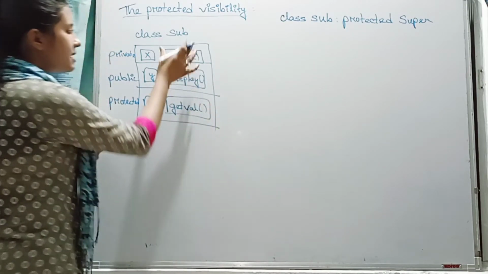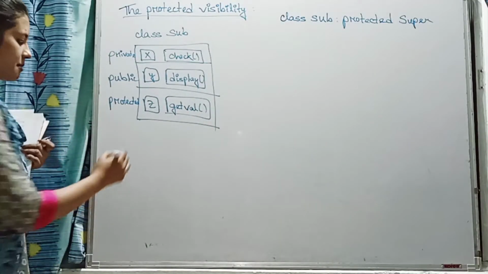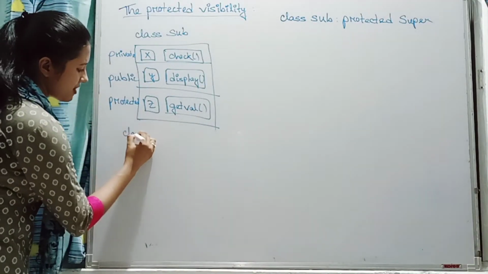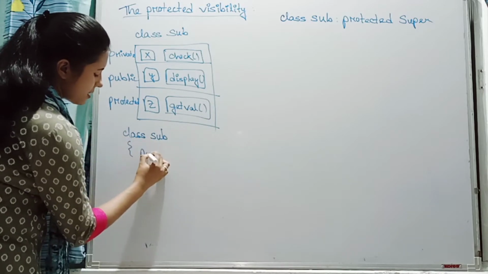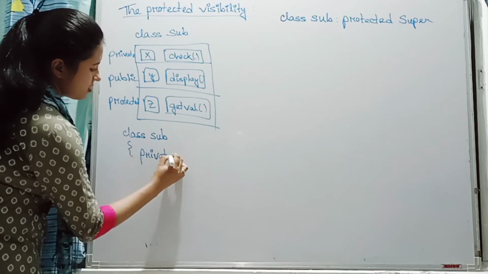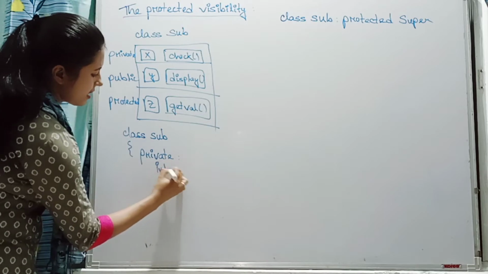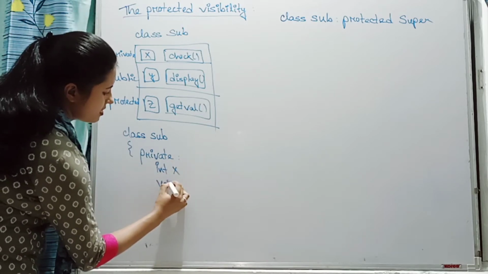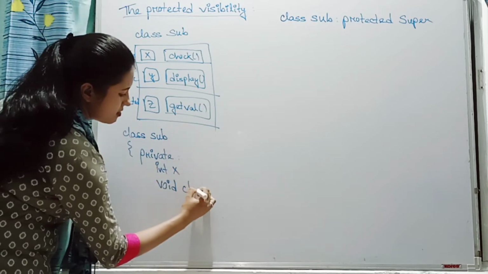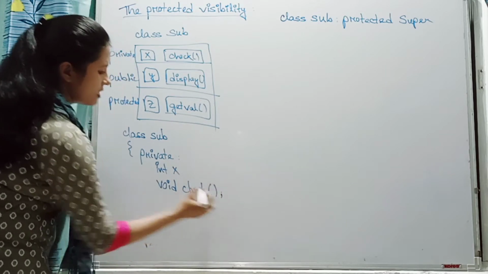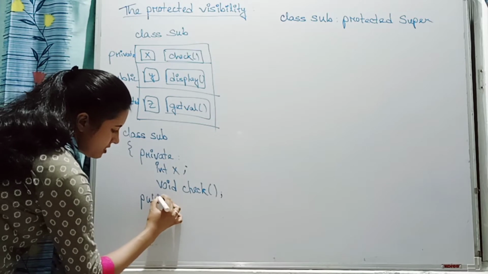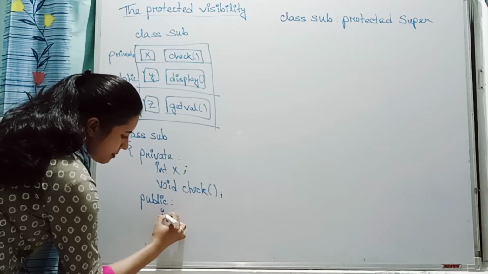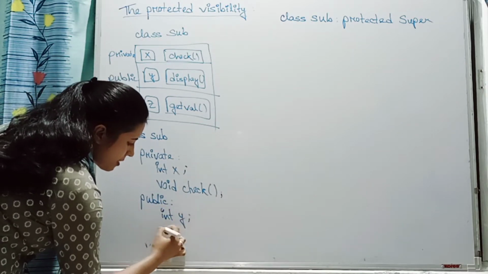So this is the definition of the class sub. How will we write this class sub definition? Like this: class sub, under the private section we will write int x and void check, the data member and member function. Then the public section, data member, member function.